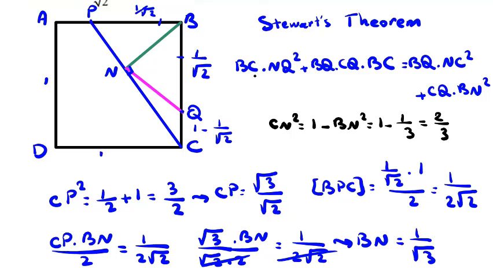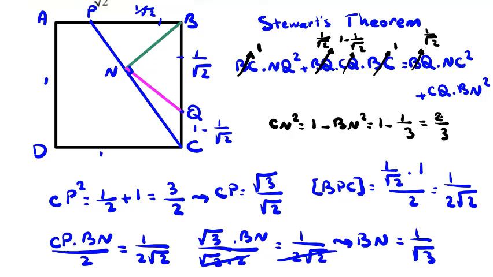Let's replace in Stewart's theorem: BC is 1, NQ squared we want to find. BQ is 1 over root 2. CQ is 1 minus 1 over root 2. BC is 1. BQ is 1 over root 2.